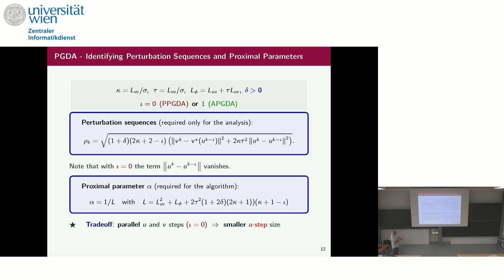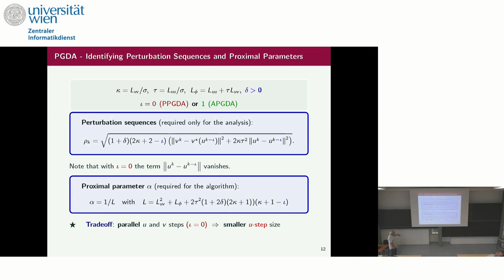The parameter computation is given here, and if you plug in the numbers, it is just pure arithmetic, so there's nothing to do here. You can see that you have a smaller U step size when you are in the parallel setting. This is also a bonus kind of information, which confirms what people have been doing in numerical experiments.